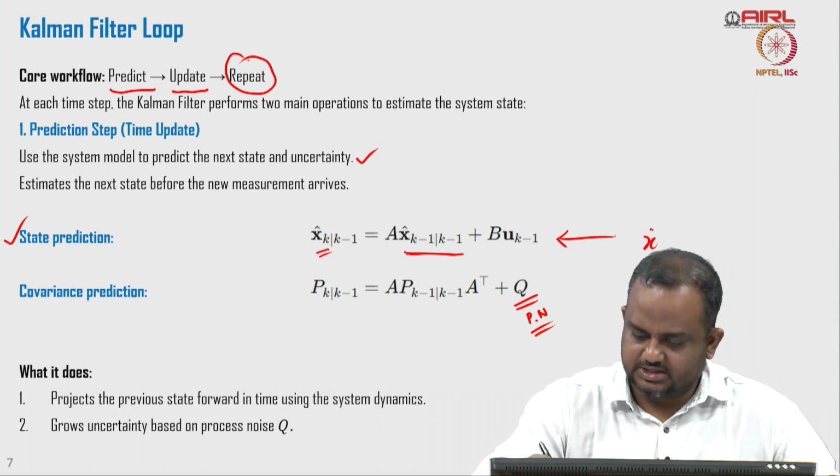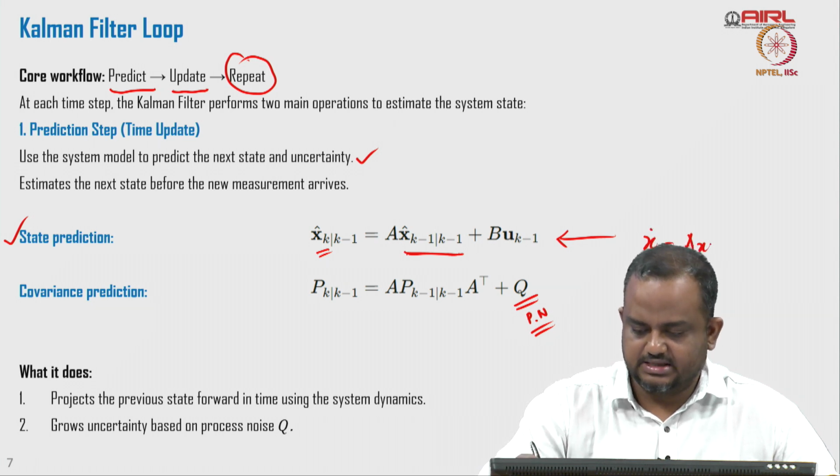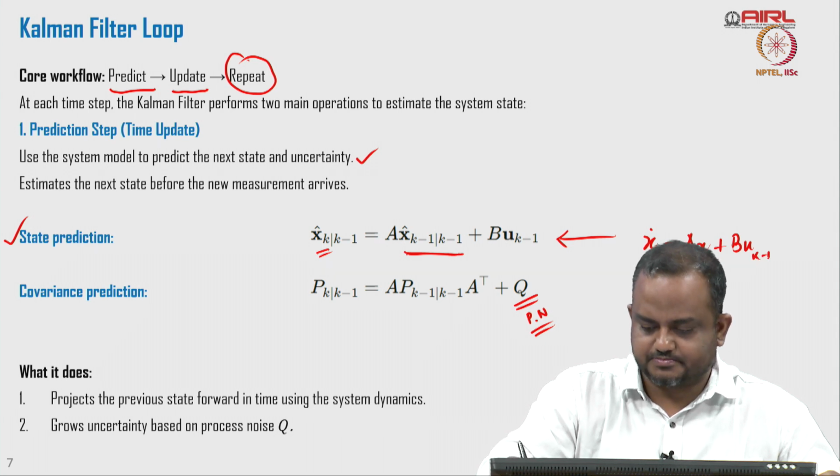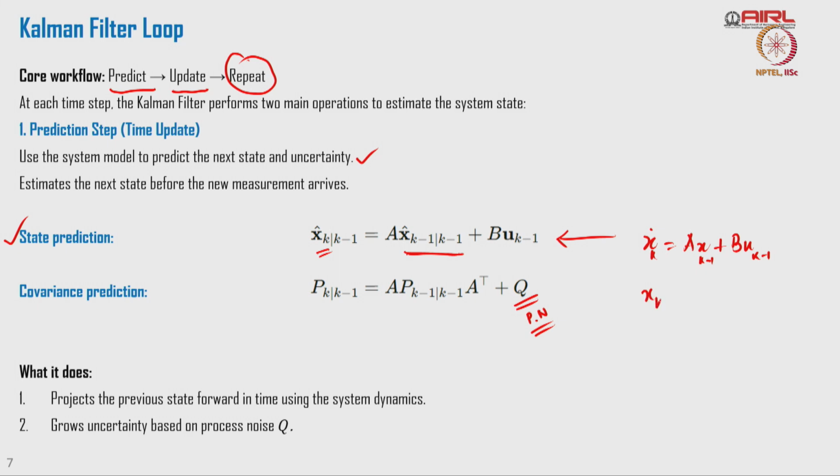It is x dot equal to A x plus B u. When it is discretized, then it becomes x_k equal to A x_{k-1} plus B u_{k-1}, and then it predicts the covariance.